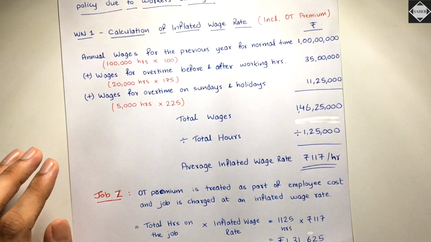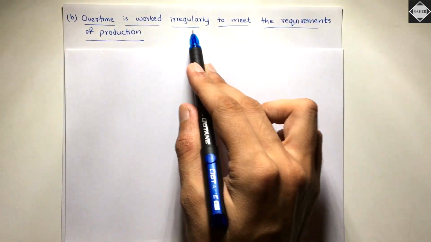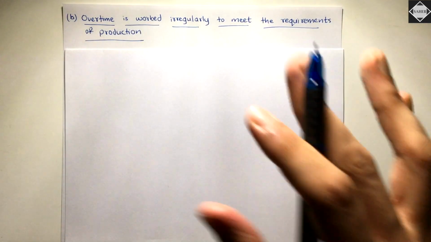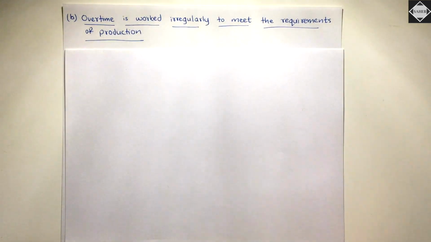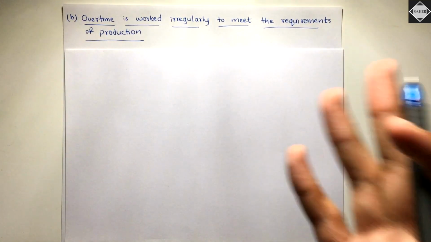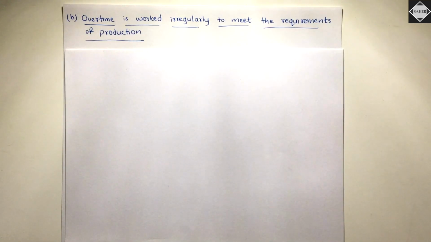So let's just see the case. Now, see here we have case B. Overtime is worked irregularly to meet the requirements of production. So that means this is healthy overtime, and it is just because of the production. Okay, maybe due to seasonal demand. So in this case, you all know we have to charge the overtime premium to where? To factory overhead.